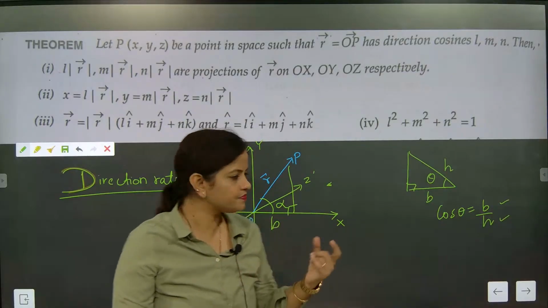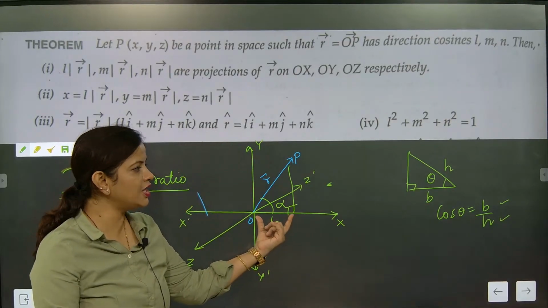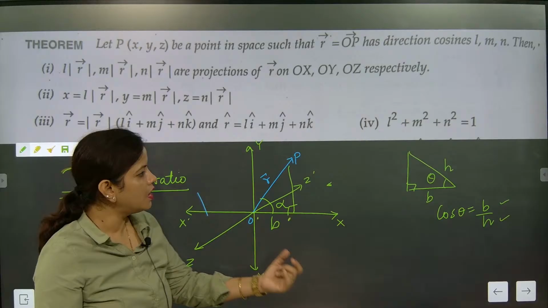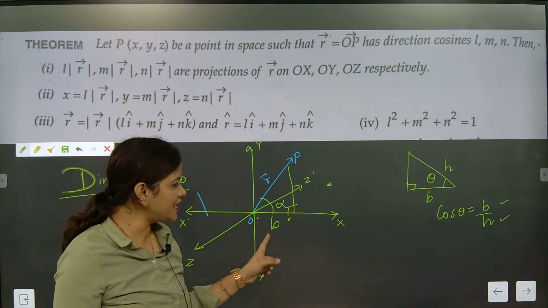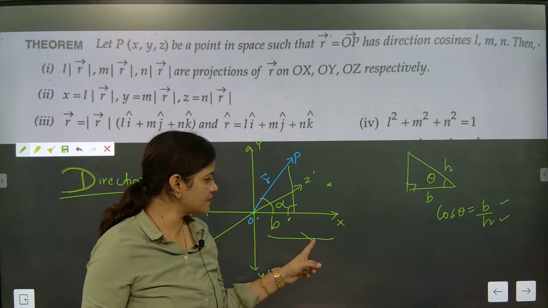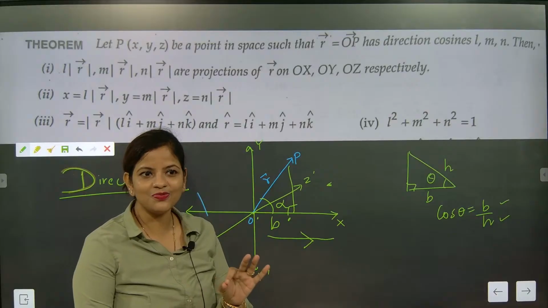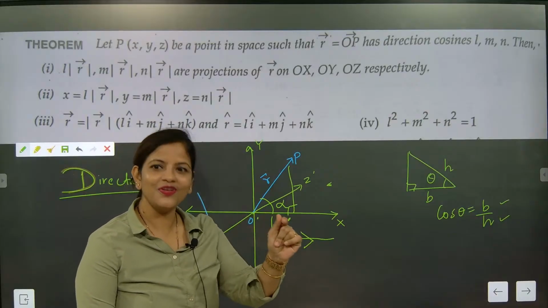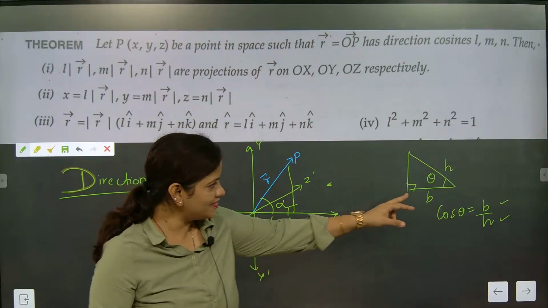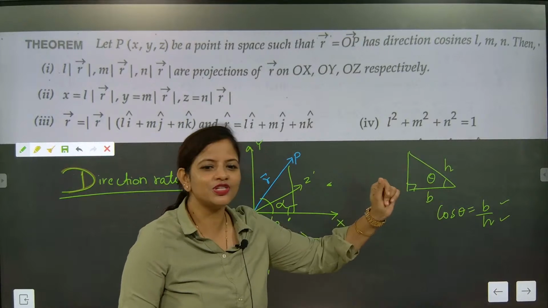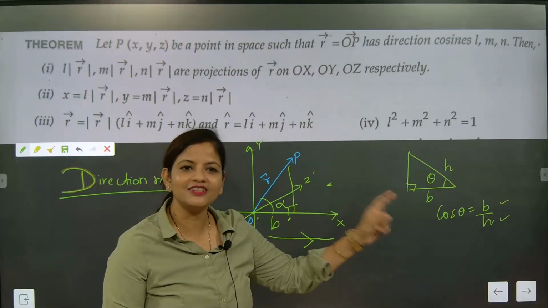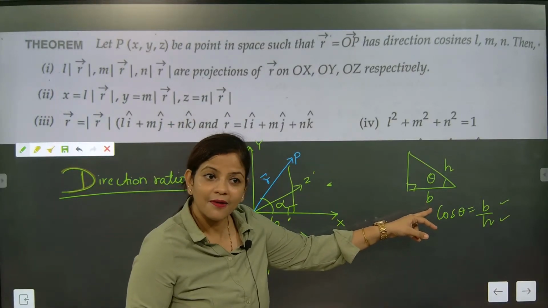What is B? Along the x-axis, this value is B. Along which axis? I will rest my case in a few seconds; you will understand it like anything. This is the most crucial part, and if you understand it, you will enjoy it. What is this? Base.